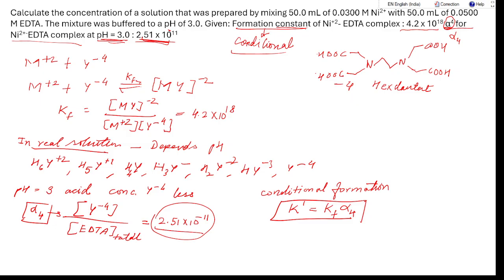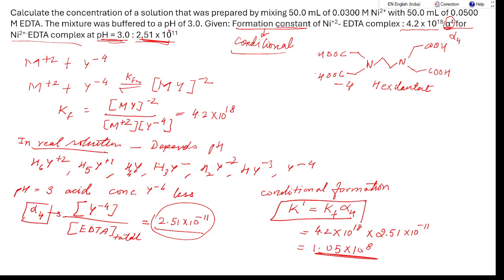If you multiply 4.2 × 10^18 by 2.51 × 10^-11, what will you find? You will find 1.0 × 10^8. So this is going to be your conditional formation constant.